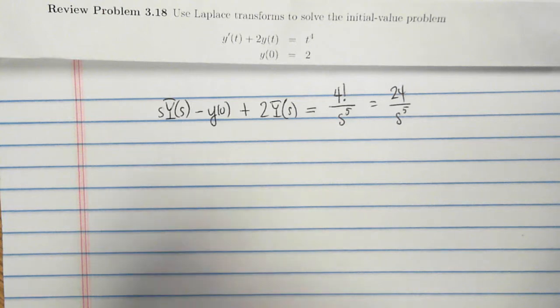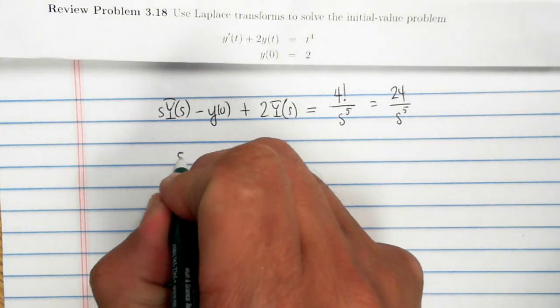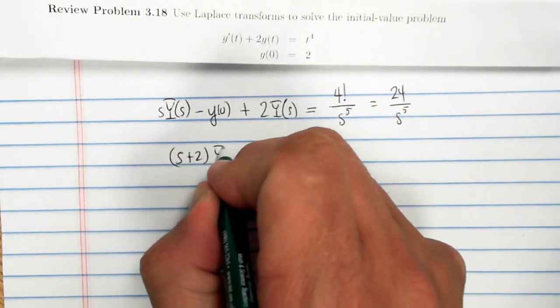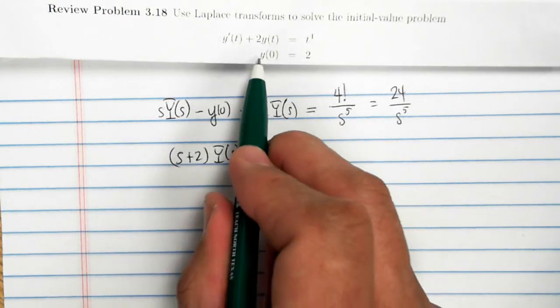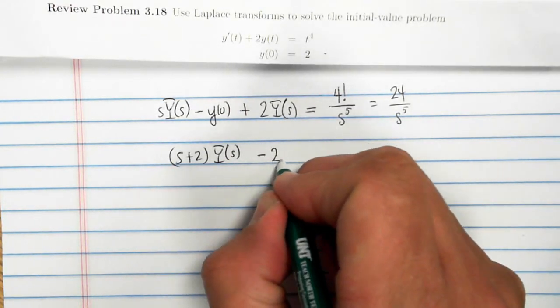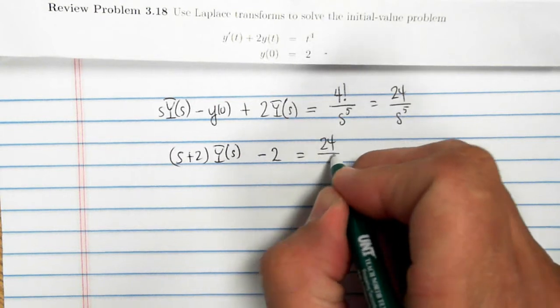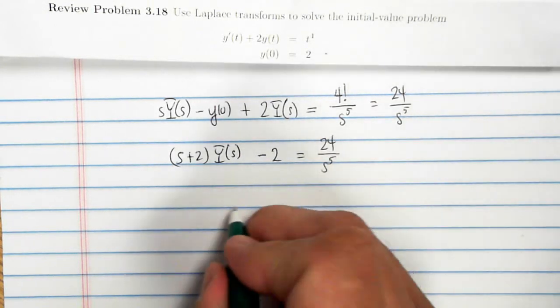Okay, so the object is now to solve for y of s, so s plus 2 times y of s minus y of 0, which is given to be equal to 2, equals 24 over s to the fifth.